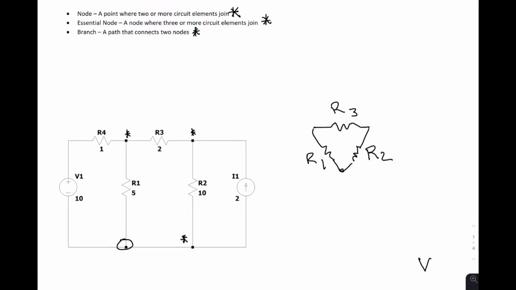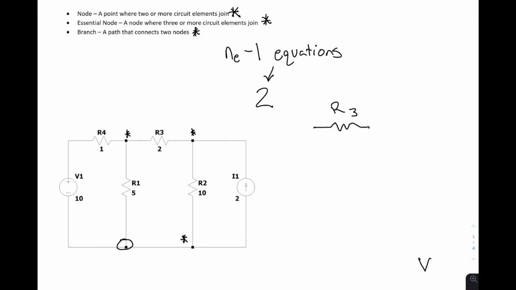Now that we have our three essential nodes, we know that there will be n-1 equations needed to describe this circuit. Since we have three essential nodes, we're going to need two equations. The next step is to select one of the three essential nodes as a reference node.